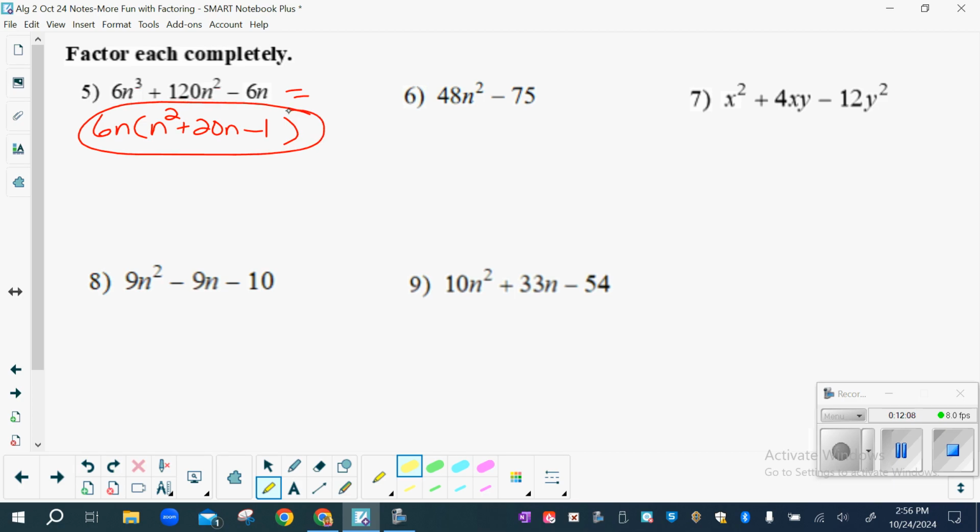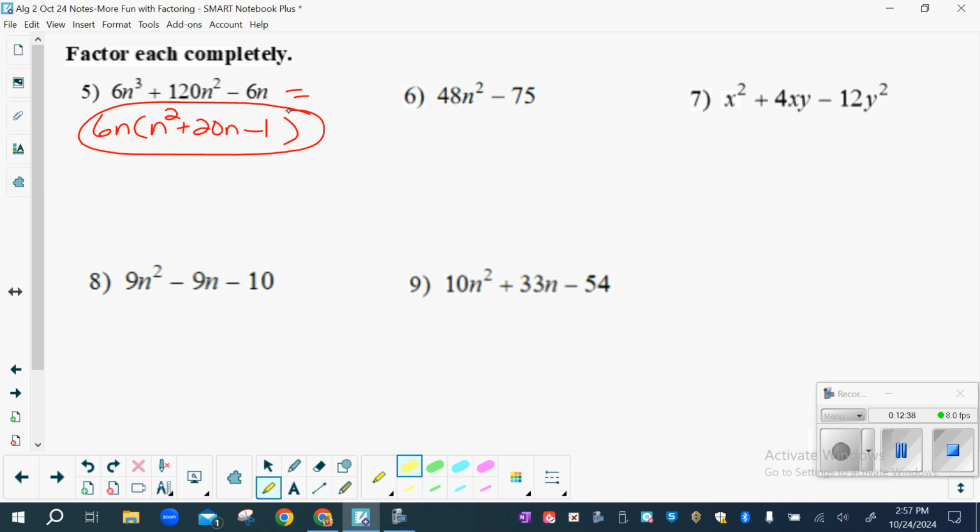Can we get a factor on number 6? Is there a common factor? There's a common factor. What is it? I want you to tell me what's a factor that goes into both of those.